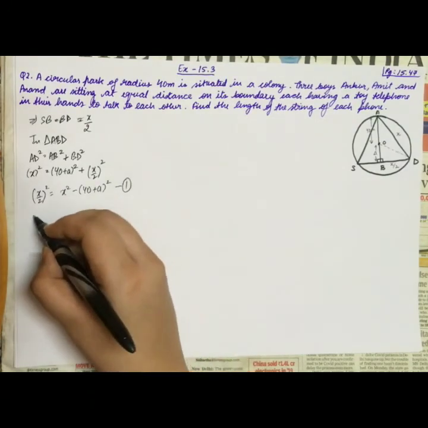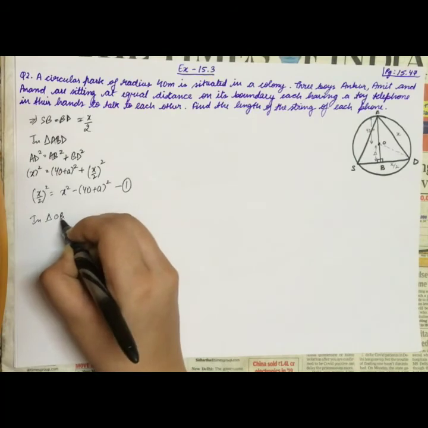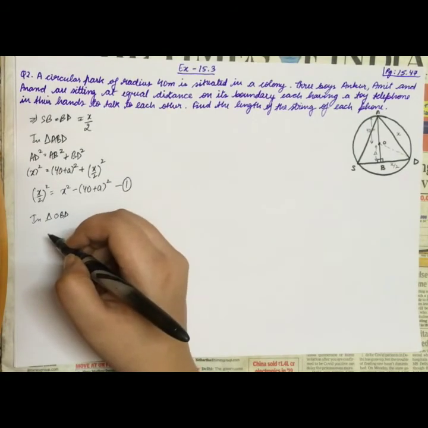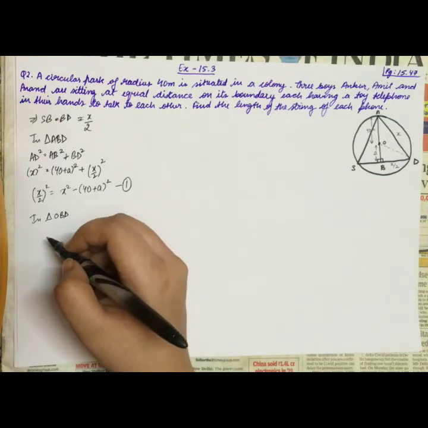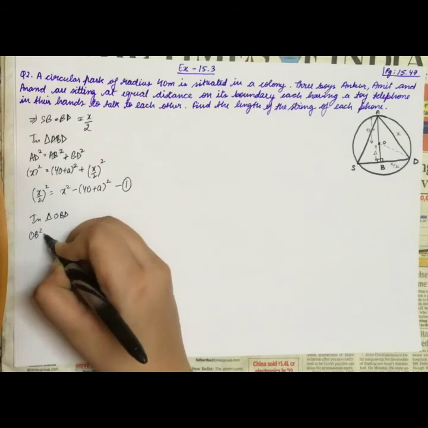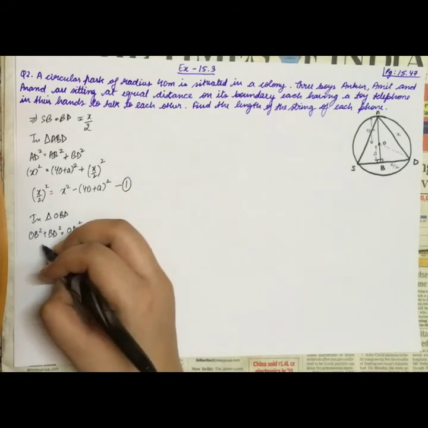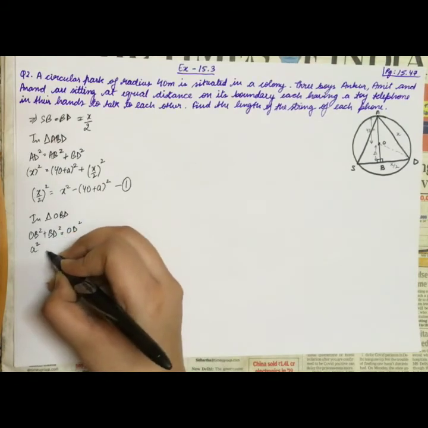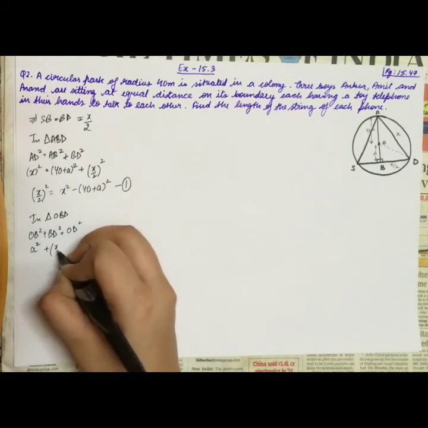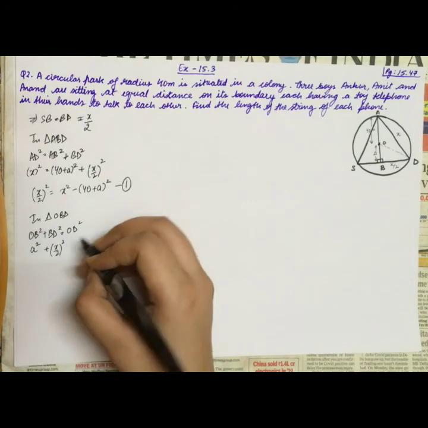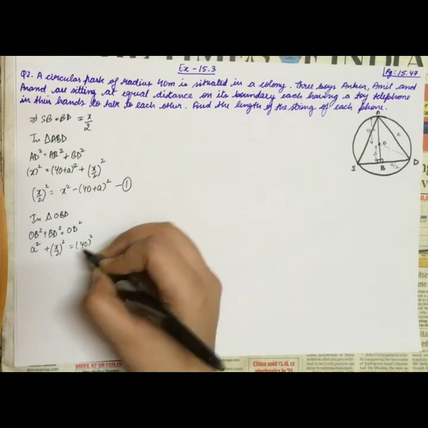Now similarly in right triangle OBD, here OD is the radius of the circle and radius is given as 40 meter. OB square plus BD square is equal to OD square. Now OB is A, BD is x by 2 and OD is equal to 40 square.